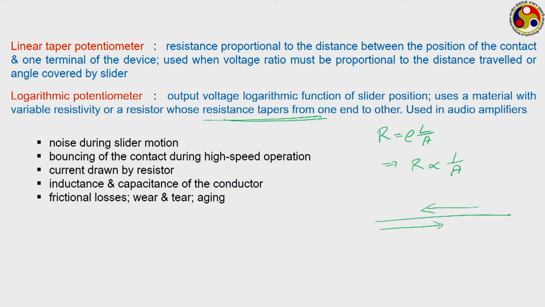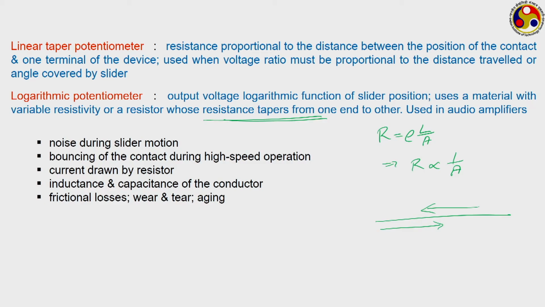A potentiometer, despite theoretically being a zero order instrument, can deviate from zero order behavior quite significantly because of several factors, some of which we have mentioned already. When the slider keeps on moving over the resistor, there can be noise, lots of frictional losses, wear and tear, and aging.